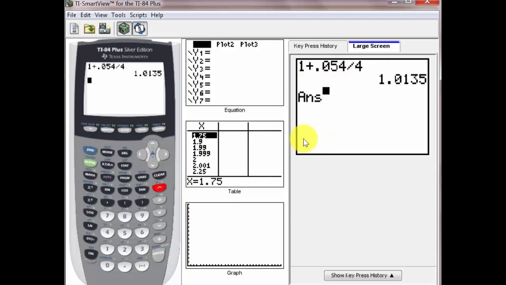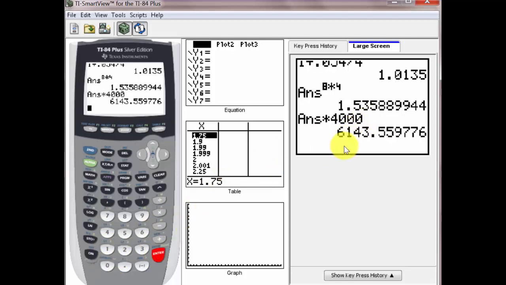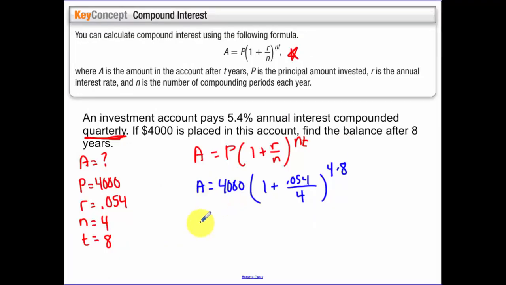Now we want to take that to the 8 times 4 power, and then we're going to multiply that by 4,000. So we get $6,143.56.